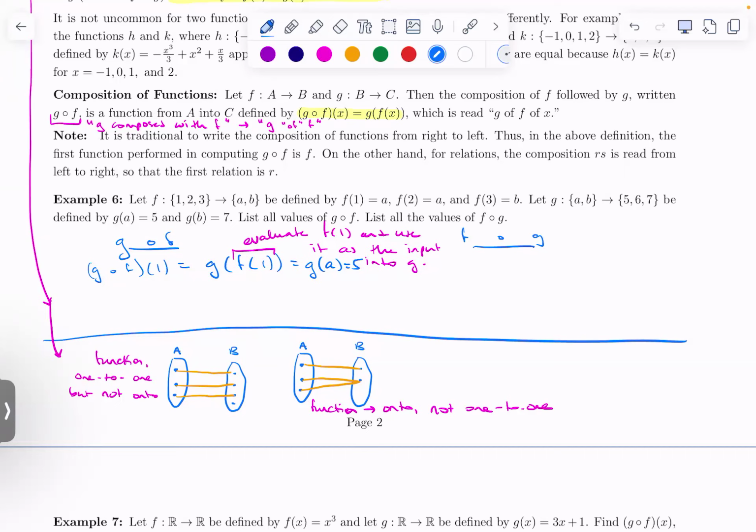What if we want to find g composed with f of 2? That's the same thing as g of f of 2. f of 2 is A again, and g of A is 5 again.